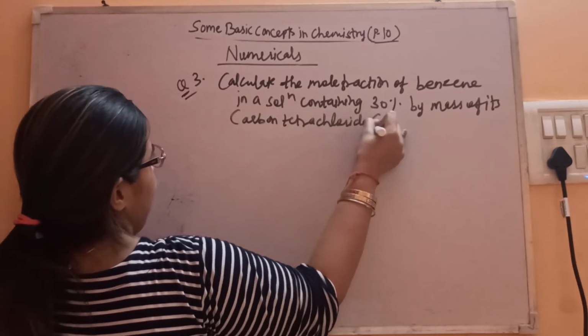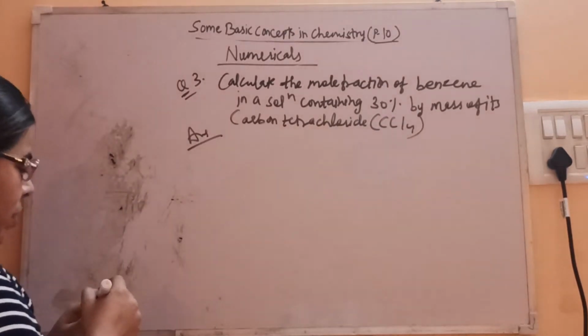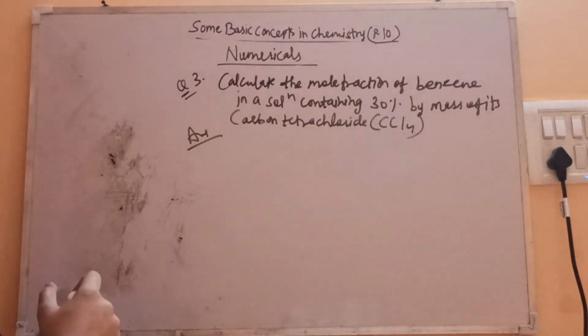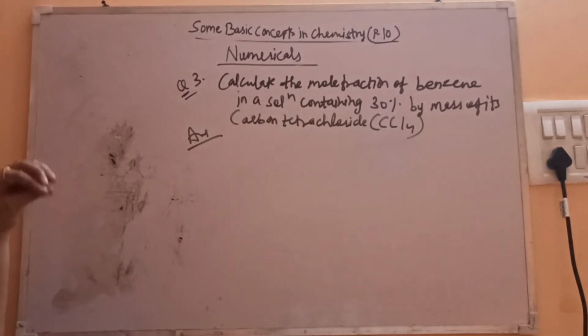Formula is carbon tetrachloride CCl4. So here two components, one is benzene and one is carbon tetrachloride, and you have to calculate the mole fraction of benzene in a solution which contains 30% by mass of CCl4.